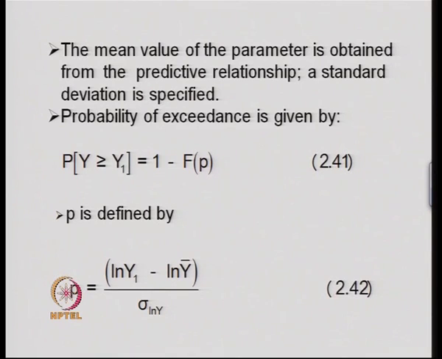The probability of exceedance is given by this simple relationship: the probability of any seismic input parameter being greater than or equal to a specified value is equal to 1 minus F(p), where p is defined by this, that is, ln y minus ln y bar divided by sigma ln y.